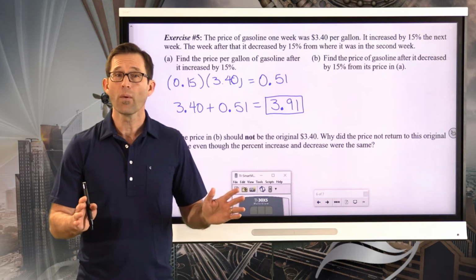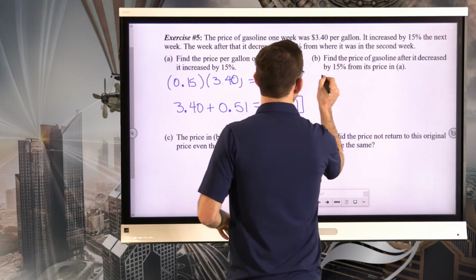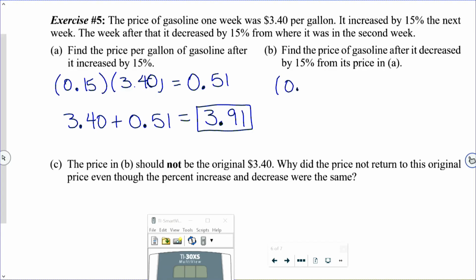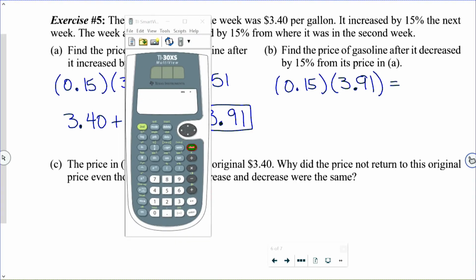All right, so now what we want to do is find 15% of 391. So let's do that. 0.15 times 391, and we'll do that on the calculator. 0.15 times 3.91.